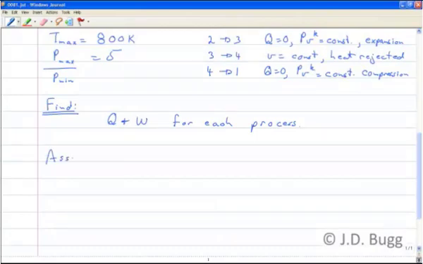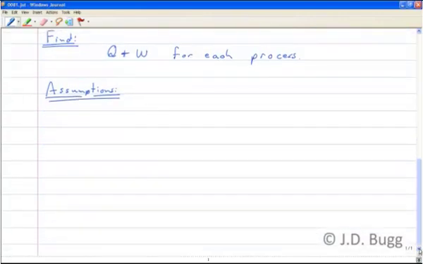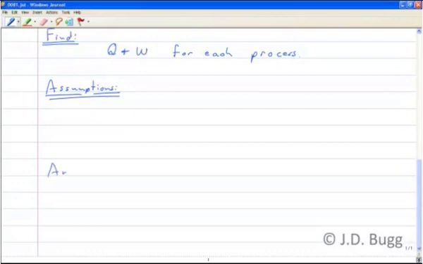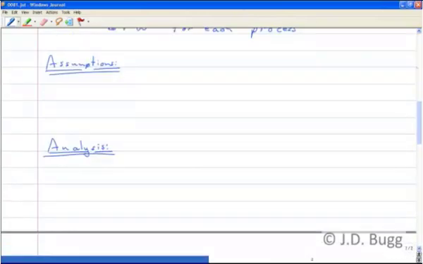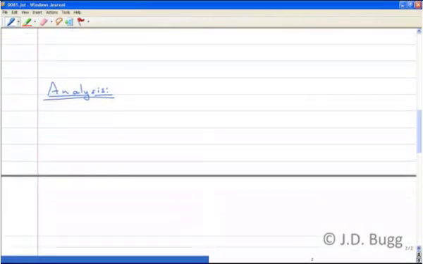So our assumptions, we'll begin collecting assumptions. And leave some room there and begin our analysis. Now this is a very good example of a problem that did not ask us to do a PV diagram, but we are very well advised to do that.